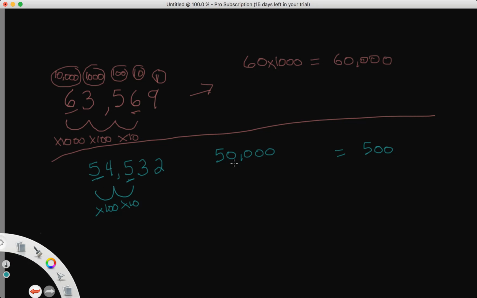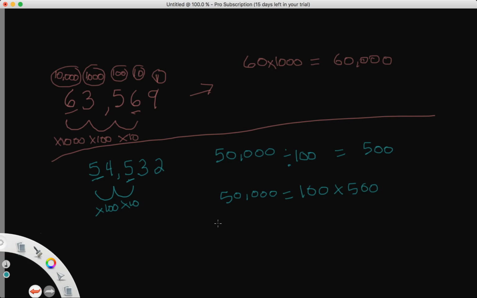So I know that 50,000 is 100 times greater than 500. So you can do it two ways. You can do 50,000 divided by 100 equals 500. You can also do it this way. 50,000 with your equal sign here. 100 times 500 equals 50,000.